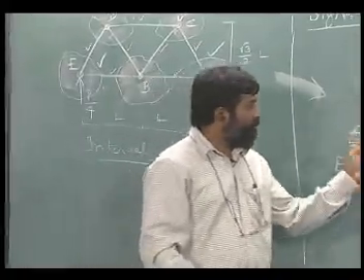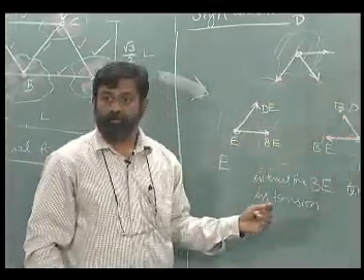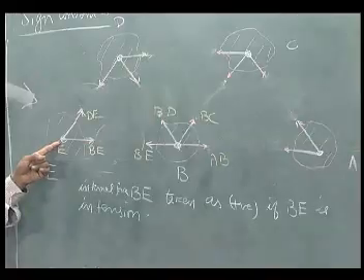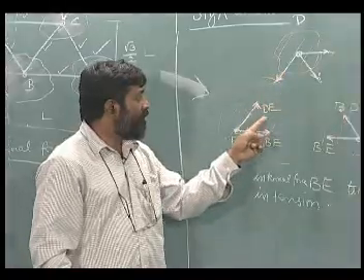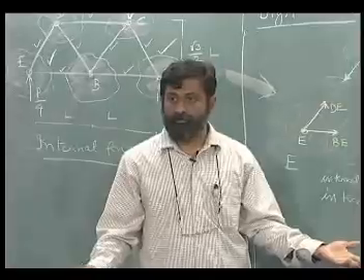Very simple. When I draw these free bodies of every joint, I will take the directions which are emanating from that particular joint, and all these are treated as positive internal forces. Okay.